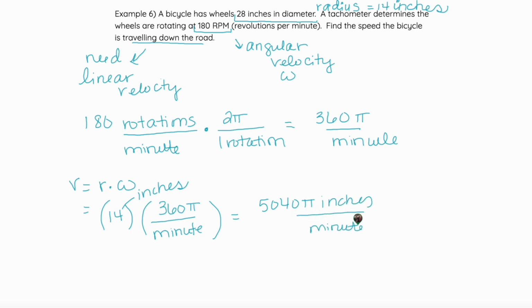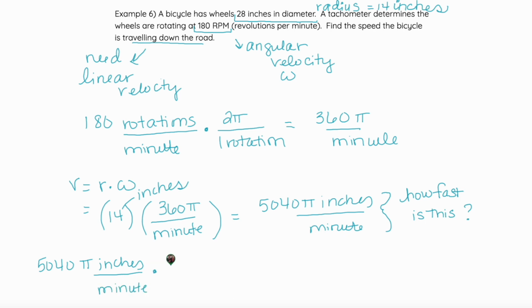This doesn't make much sense, right? Because you don't say that you are going inches per minute when you're telling somebody how fast you're going. So we definitely need to convert this into miles per hour, a more reasonable idea of how fast we are going. Now I'll convert 5,040 pi inches per minute. I know that there is 1 foot in 12 inches.